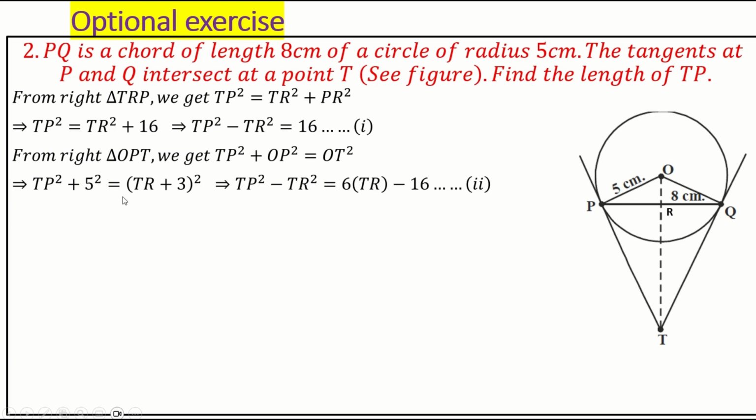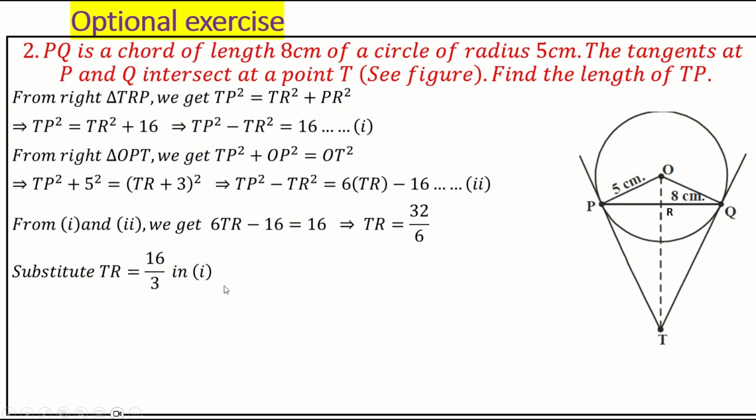So TP square plus 5 square equal to OT is nothing but TR plus 3 whole square. So from this one we get another equation TP square minus TR square equal to 6 times TR minus 16. From these two equations if you look at, okay, TR equal to 32 by 6, which is 16 by 3. Okay, TR is 16 by 3.